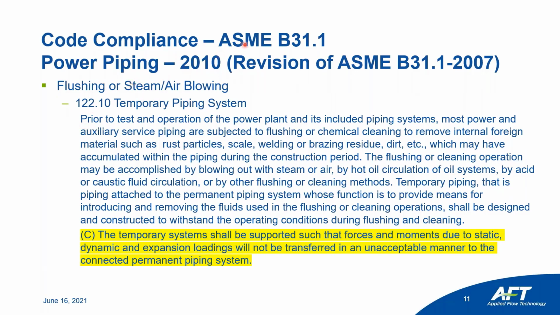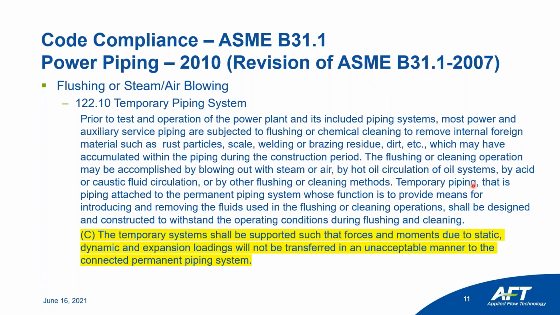Also, we'll continue with B31.1, where it talks about flushing and steam or air blowing. And it talks in section 122 about temporary piping. Why do we talk about temporary piping? The code says the flushing or cleaning operation may be accomplished by blowing out steam or air, by hot oil circulation of oil system, by acid or caustic fluid circulation, or by other flushing and cleaning method.